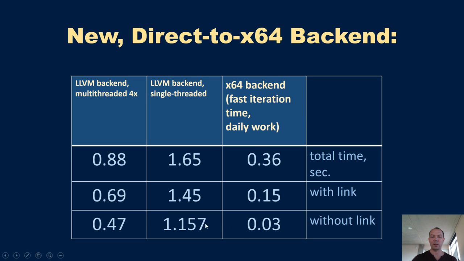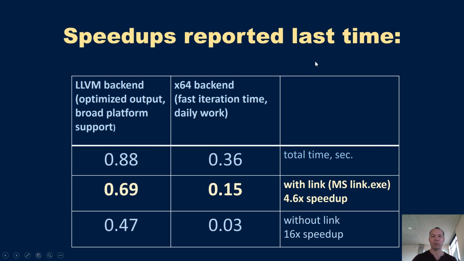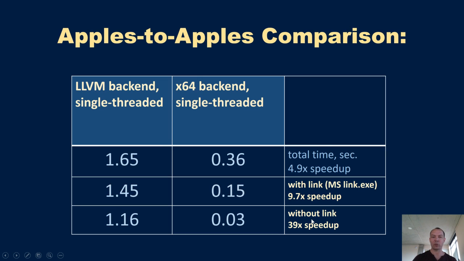So you can see, actually, this middle column is much higher than it was. So here's the speed ups we reported last time. We said we were 4.6x faster than LLVM if you count linking, which we're both basically waiting for the Microsoft linker to do its work, and without linking, 16 times faster. Those numbers are actually underestimates, right? If it's an apples to apples comparison of single-threaded versus single-threaded, then we did about twice as good as I reported.